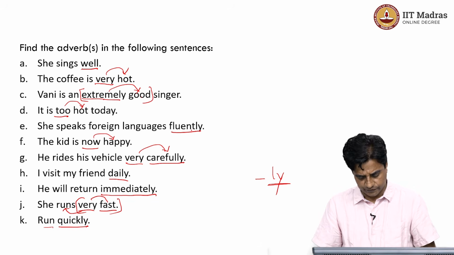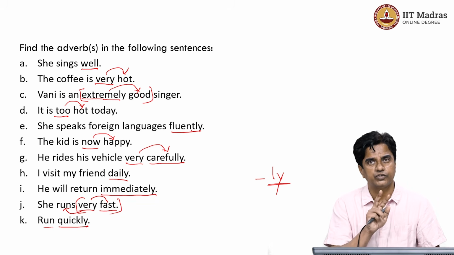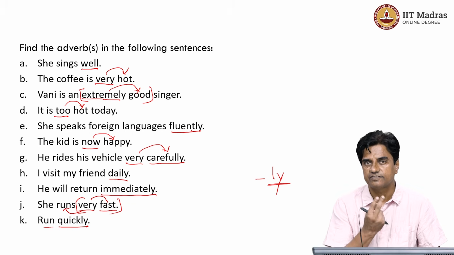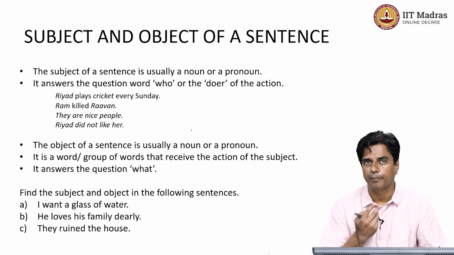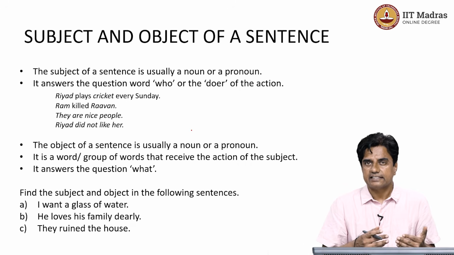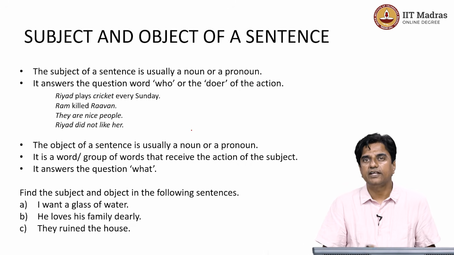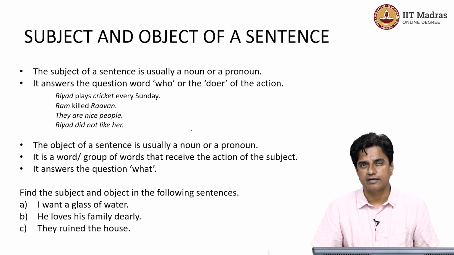Now, that's what we wanted to describe to you about two things, adjectives and adverbs, as parts of speech. We have been dealing with sentences, so very briefly, I want to underline something carefully for you.